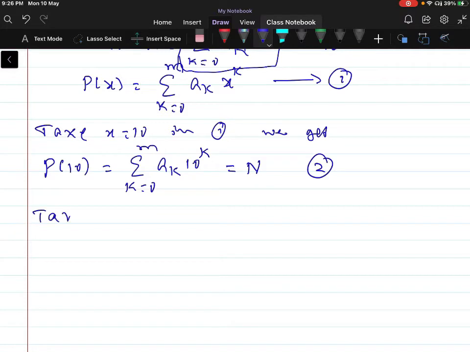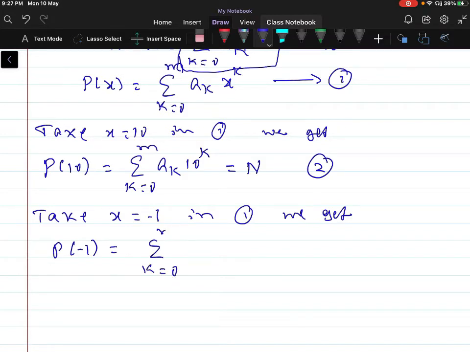Then take x equal to minus 1 in equation 1, we get p of minus 1 is equal to summation of k equal to 0 to m ak into minus 1 whole power k.